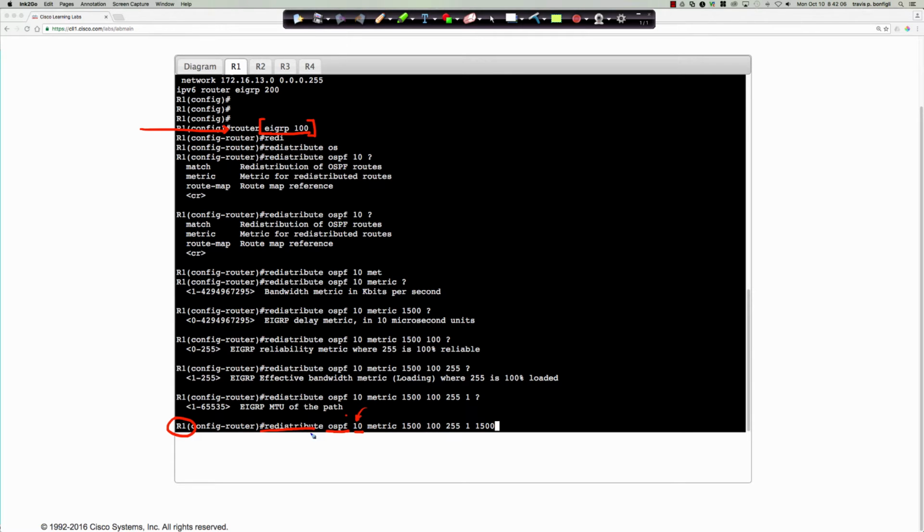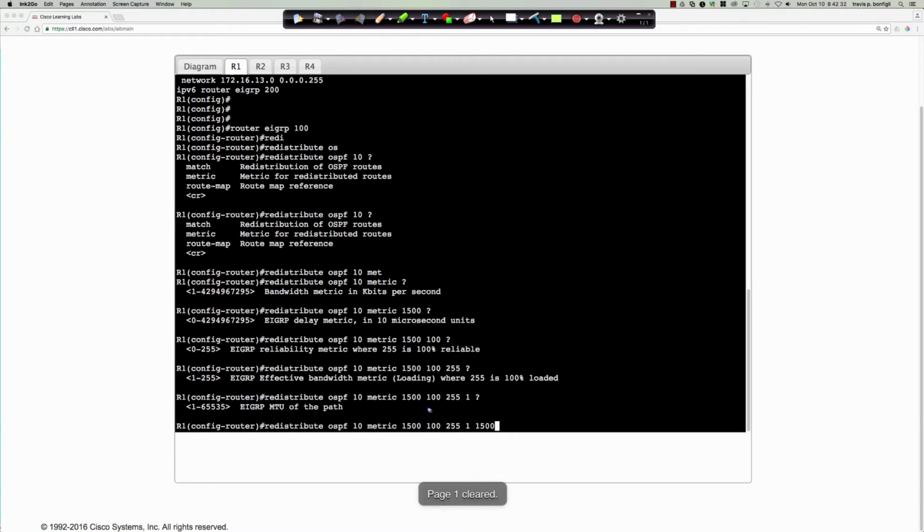So all of these prefixes that we've learned from OSPF process ID 10 are going to be shipped into EIGRP 100, and this is the metric that is going to be assigned to each and every one of those prefixes that get redistributed.